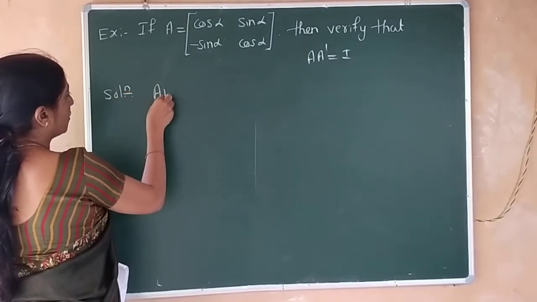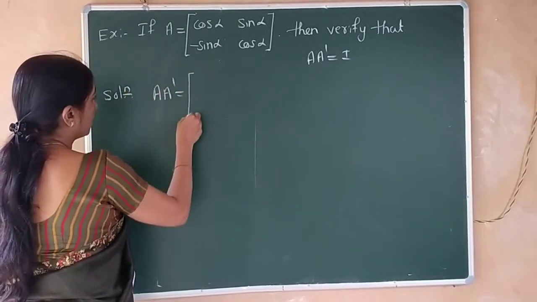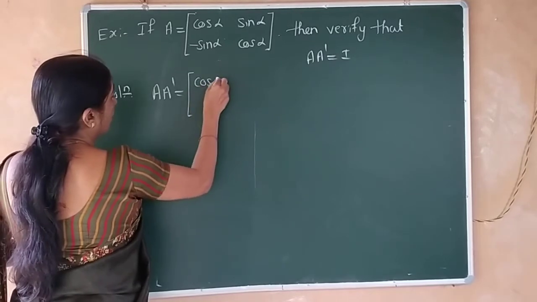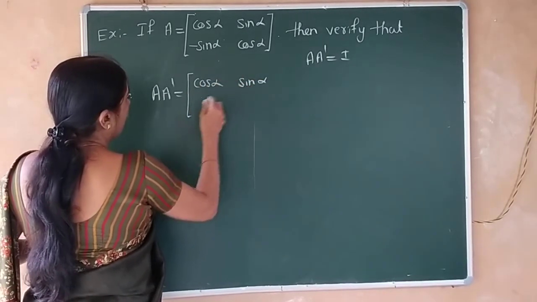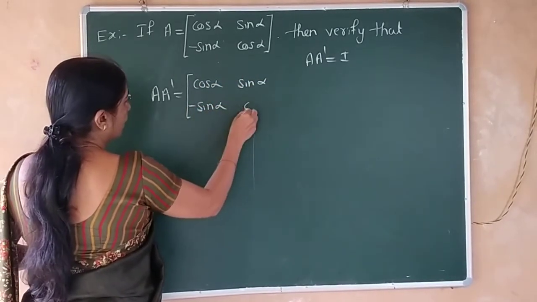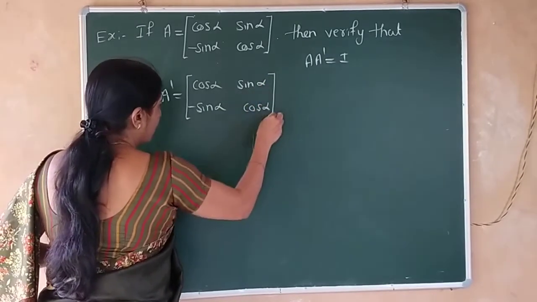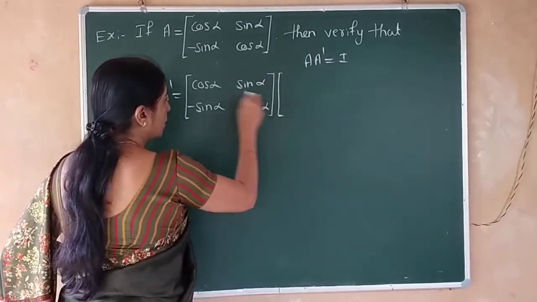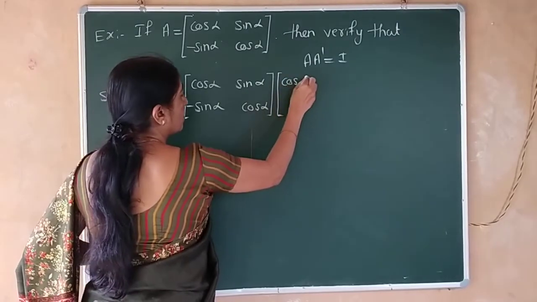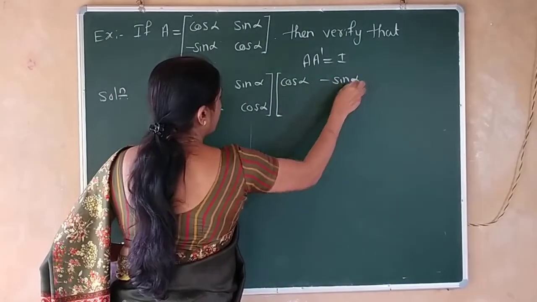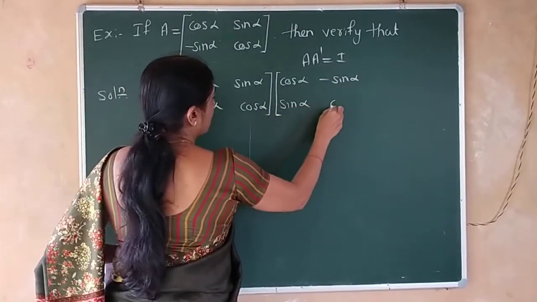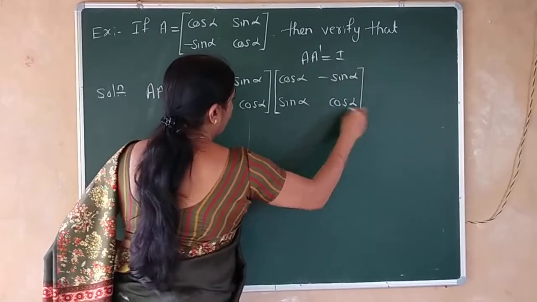First write down A into A transpose. First A: [cos alpha, sin alpha; -sin alpha, cos alpha], multiplying with its transpose. The rows change to columns: [cos alpha, -sin alpha; sin alpha, cos alpha].